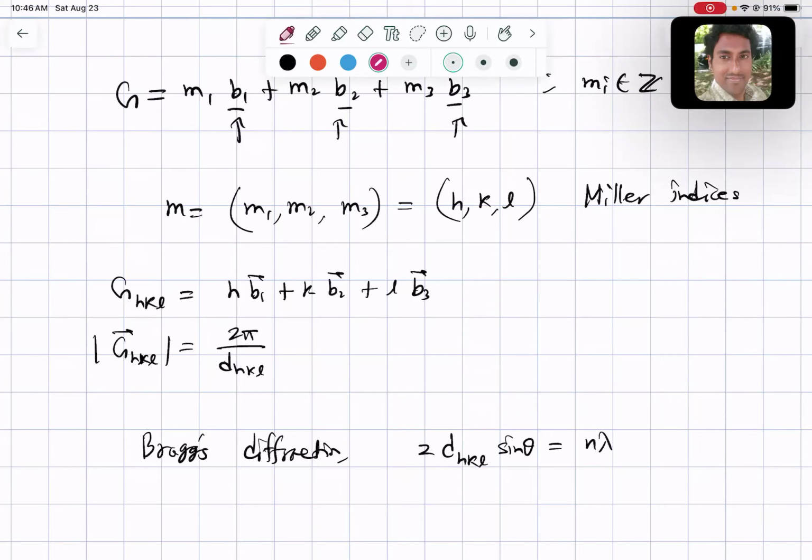This d is the spacing between layers, the Bragg planes.